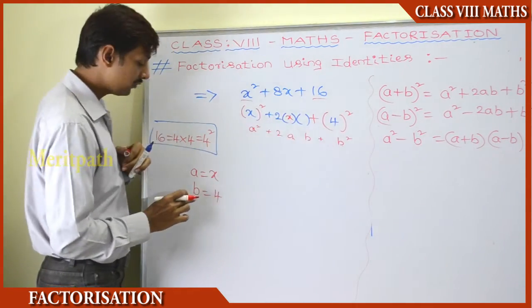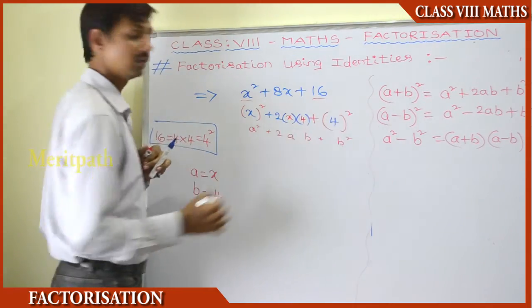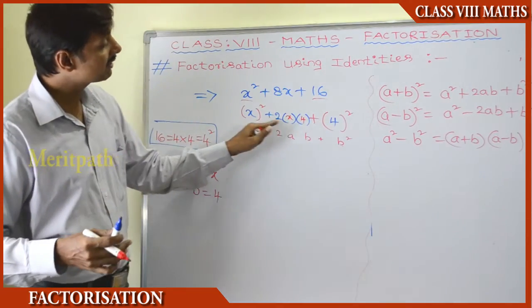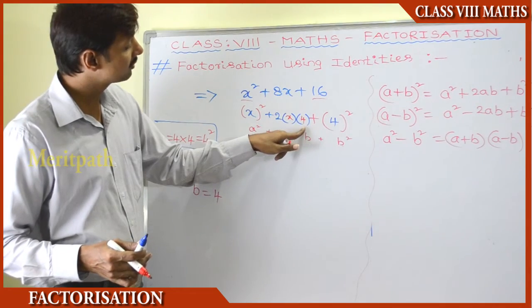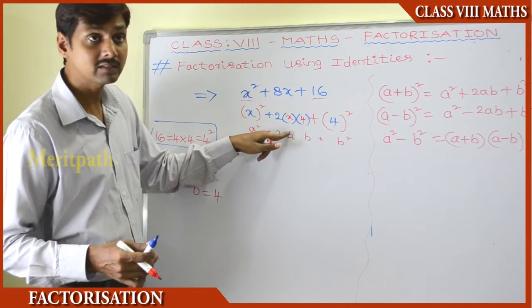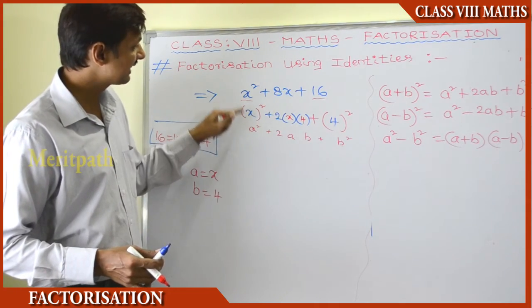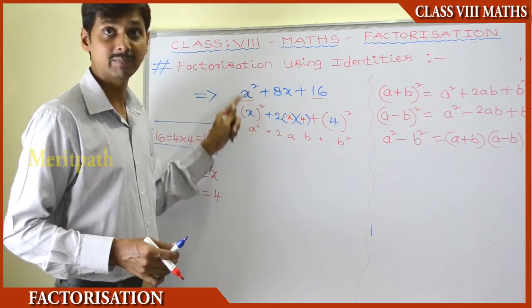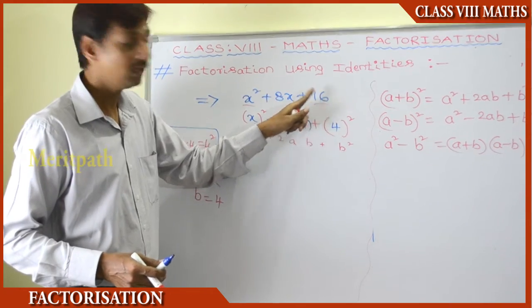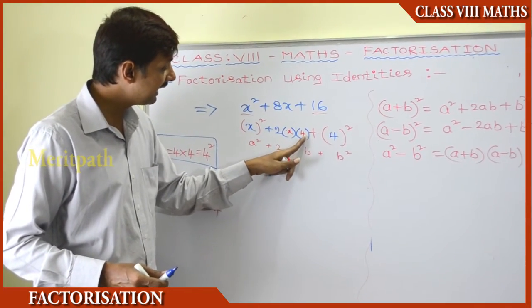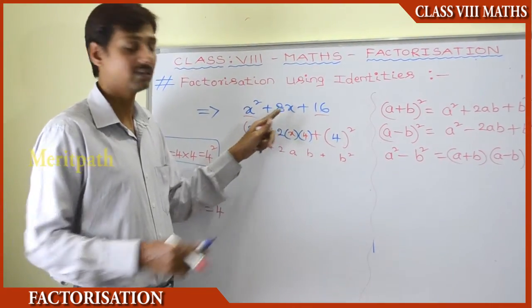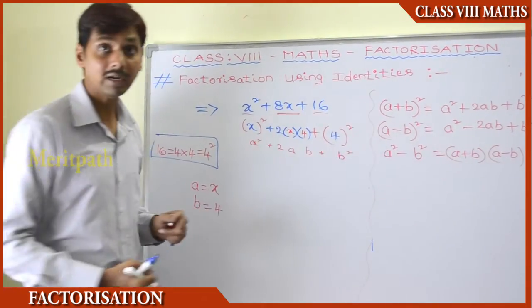When we multiply these both numbers, 2 4s are 8, 8 into x, 8x. So what we understood, this is balanced with this expression: x square is x square same as it is, 4 square is 16, and 2 4s are 8, 8 into x is 8x. So these both are equal.